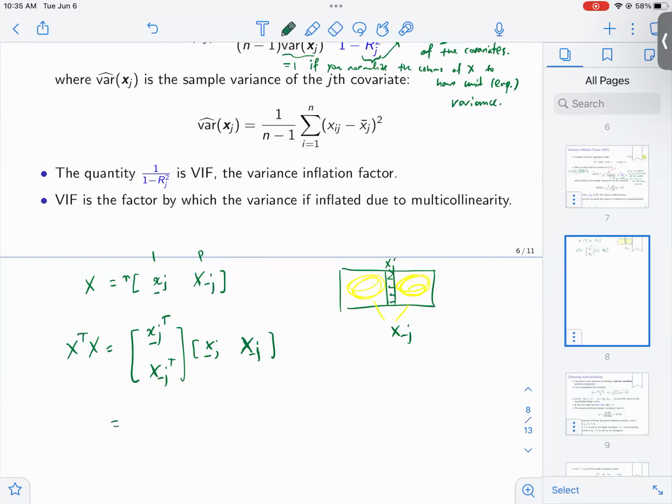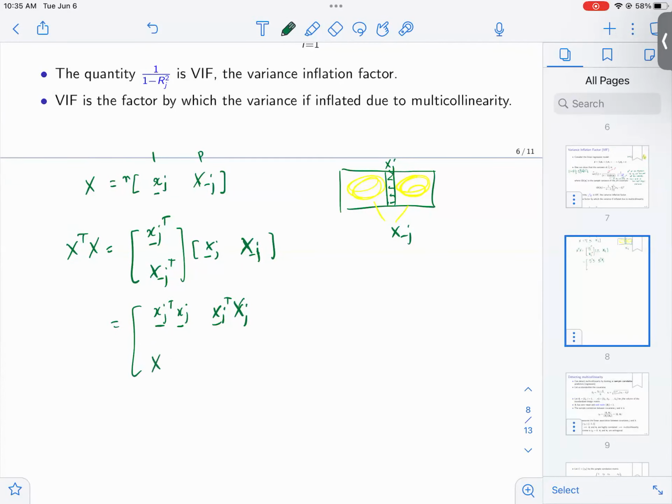If you multiply out, you get xj transpose xj, then x minus j transpose xj, and then x minus j transpose x minus j.